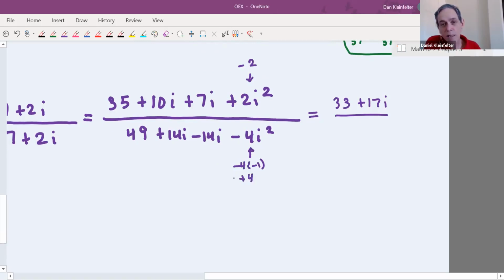That'll turn into a plus 4. 49 plus 4 is 53. And then our 14i minus 14i add up to 0. So we'll end up with 33 53rds plus 17 53rds i.